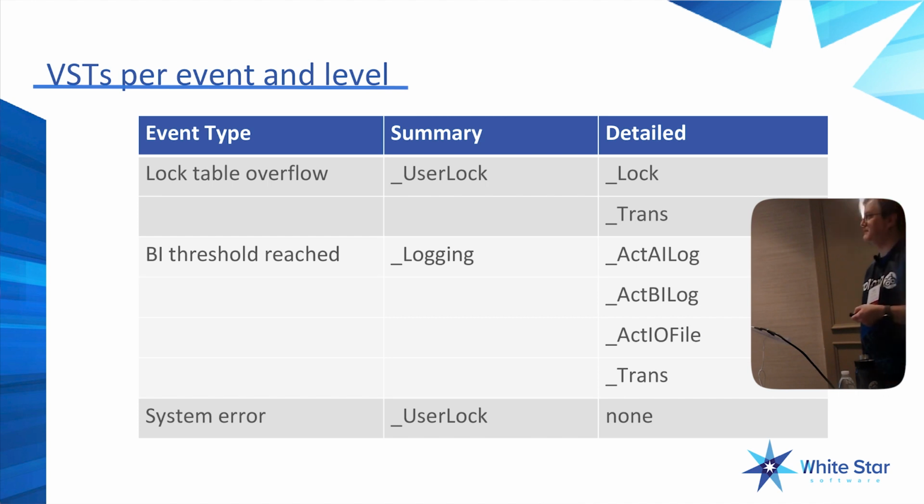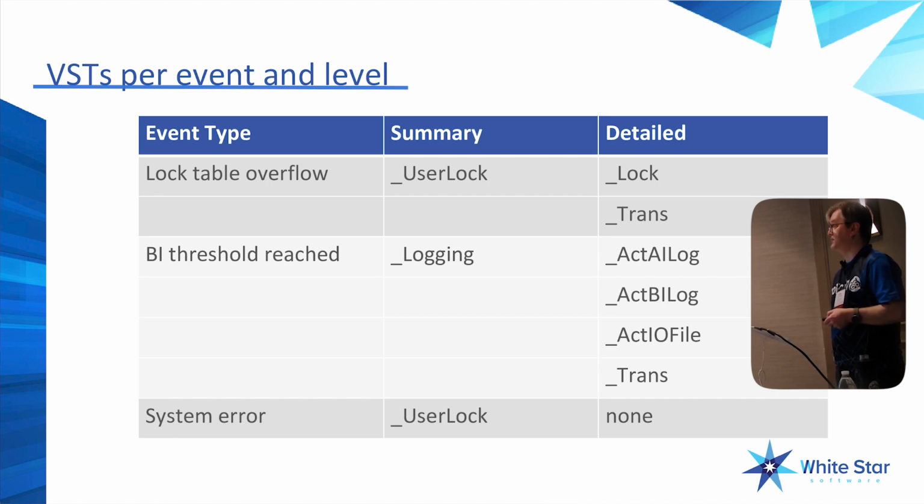And that's really kind of enough to be able to determine who the bad guy is, who's using all of the lock table. At detailed level, you also get the entire contents of _Lock and _Trans. So if you have a really large -L, you know, if it's, let's say, 500,000, you're going to get a CSV file with 500,000 lines in it for an overflow. So be aware of that, because these files can get big.